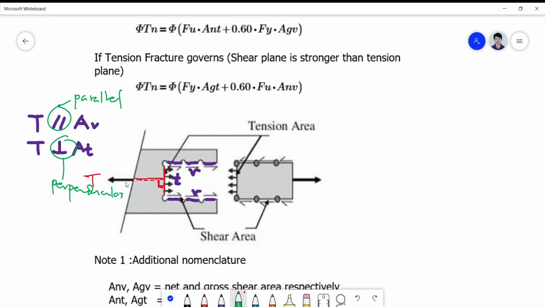Okay. So we will be computing this area on the basis of the length of those parts which are torn and sheared multiplied by the thickness. Okay, so I will explain that to you later.